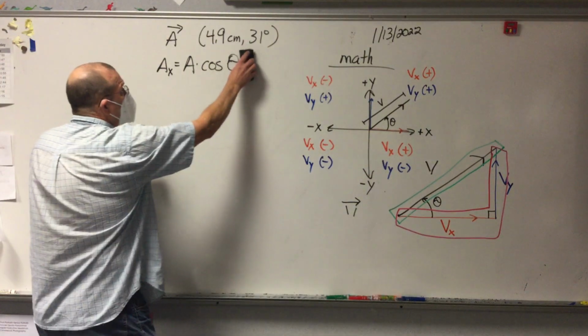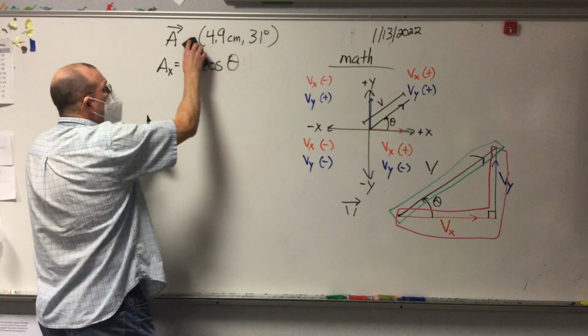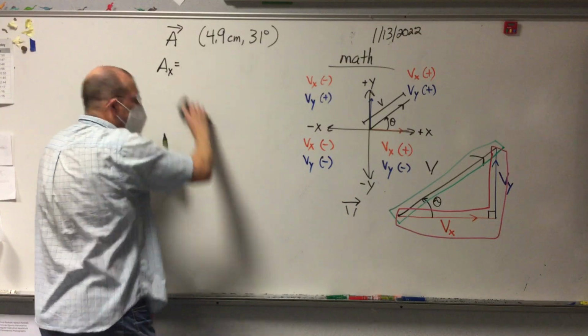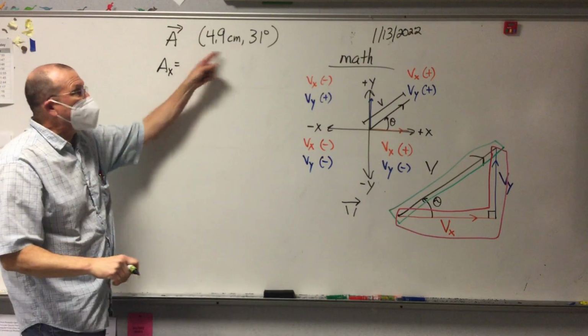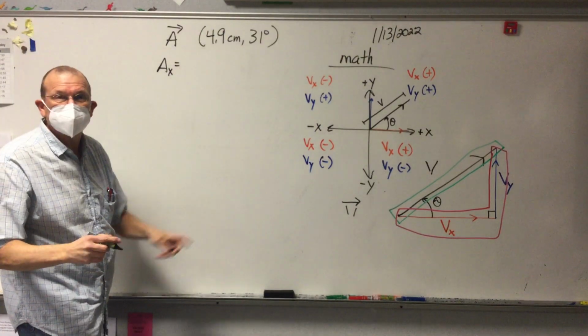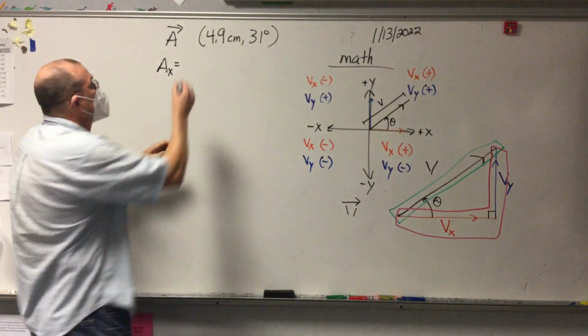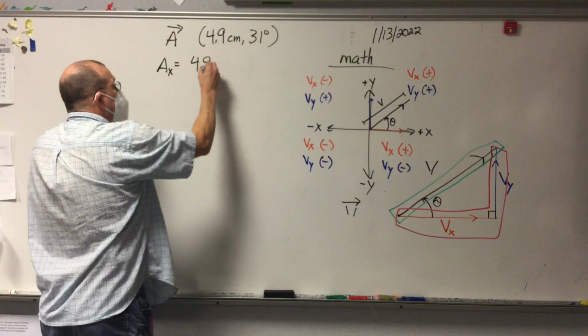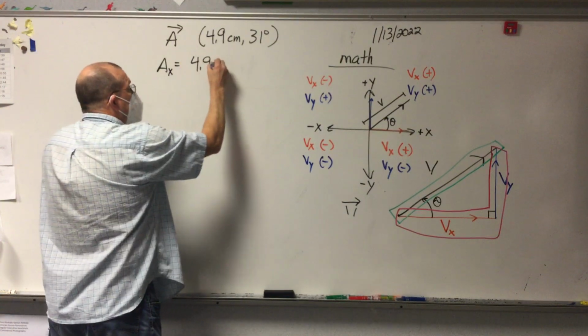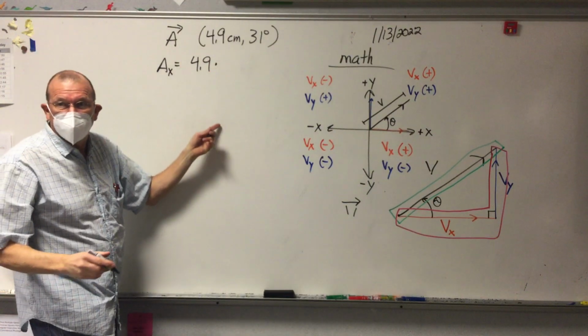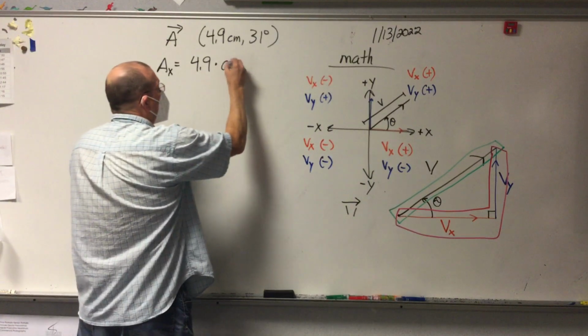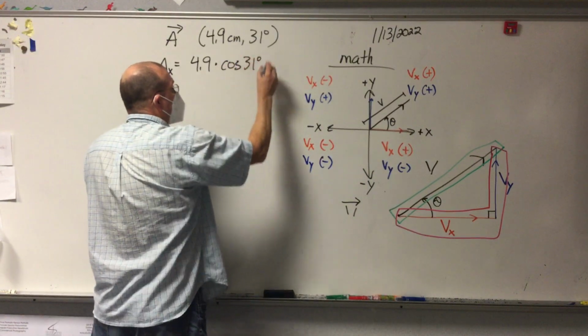So what we will have you do is substitute in your values in the appropriate place. Where you said A, what should go there? 4.9. And then what would we have? Cosine 31 degrees.